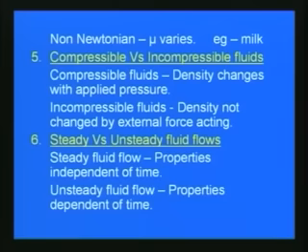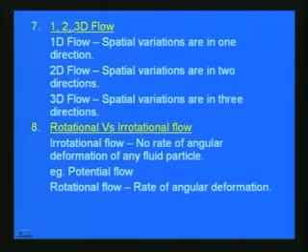And the sixth classification, as I mentioned, is that fluids can be classified as steady or unsteady. In steady fluid flow, properties like velocity and pressure are independent of time, and in unsteady fluid flow, the properties depend on time. And we have already discussed one-dimensional, two-dimensional, and three-dimensional flow, according to the spatial variations.